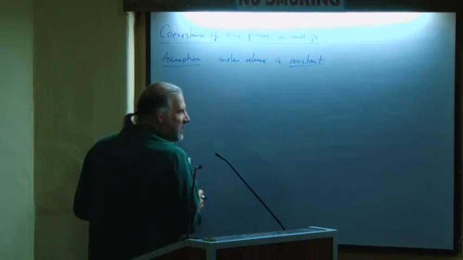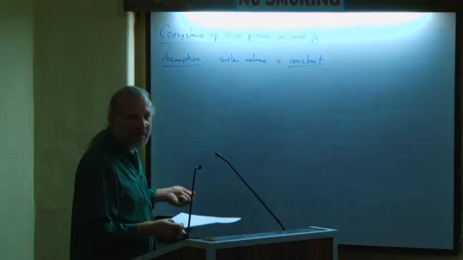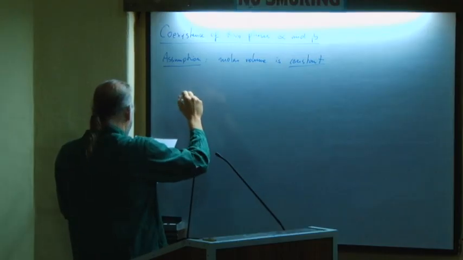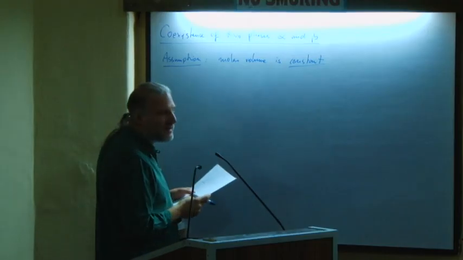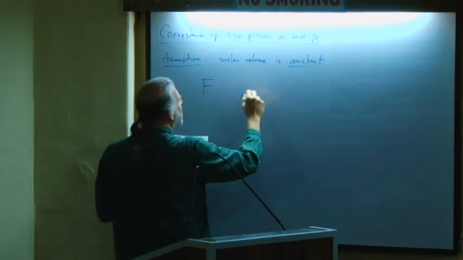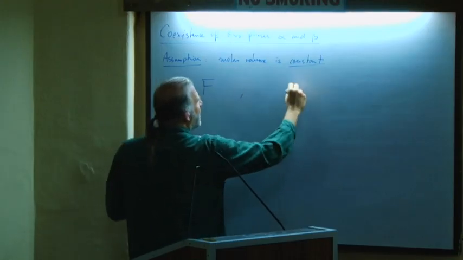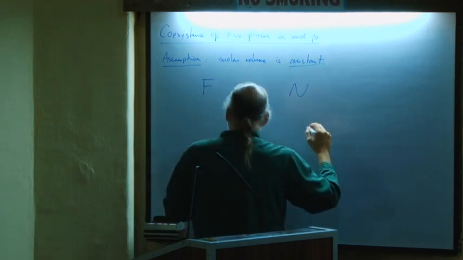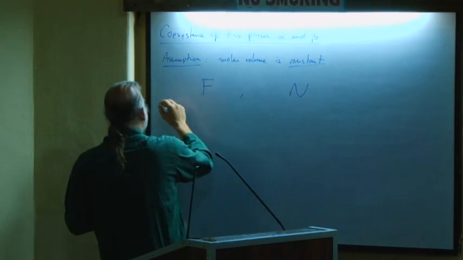Since I'm used mostly to F, I'm going to continue to work in F and not in G. So, if I have some extensive quantities like the free energy and the number of particles, I can form volume densities.